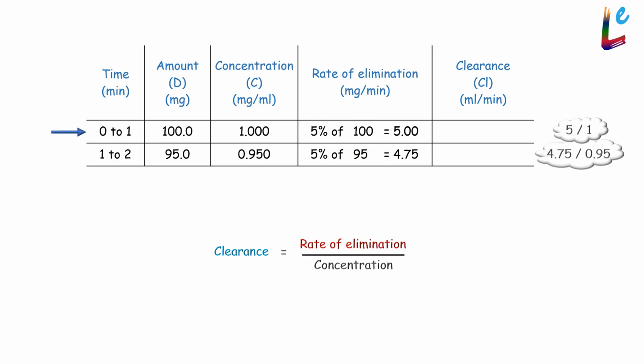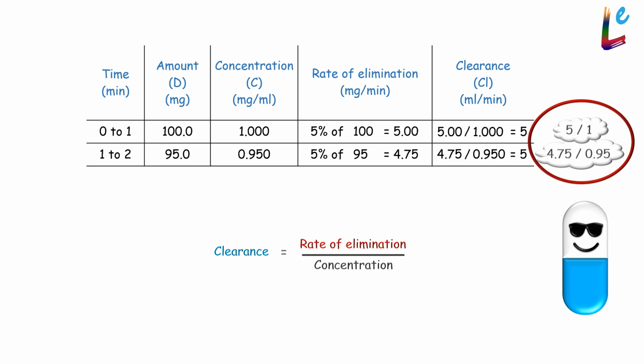So in the first minute, 5 milligrams per minute divided by 1 milligram per ml was 5 ml per minute. In the second minute, 4.75 milligrams per minute divided by 0.95 milligram per ml was again 5 ml per minute. This is the exact calculation we did earlier in the first and second minutes.